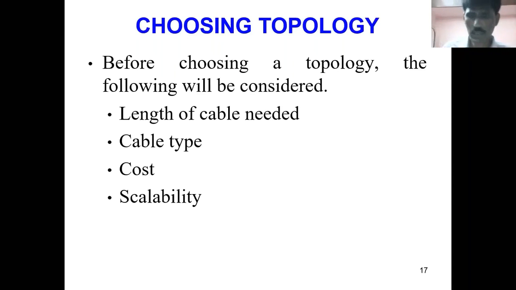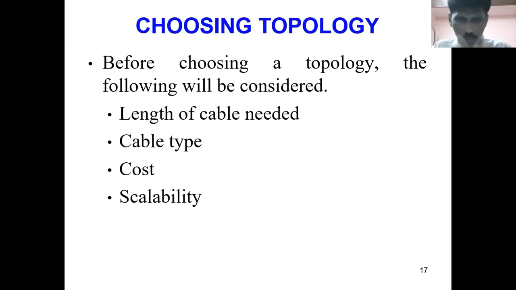A bus topology is the most lightweight in terms of cable needs. In this context, the bus topology is the simplest topology to install and buy the cables for, so maybe the cost is very low. So the length of the cable should be considered.